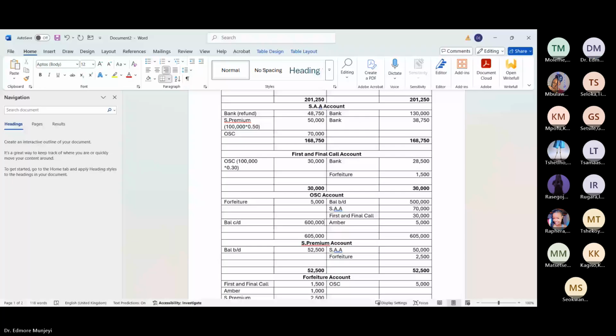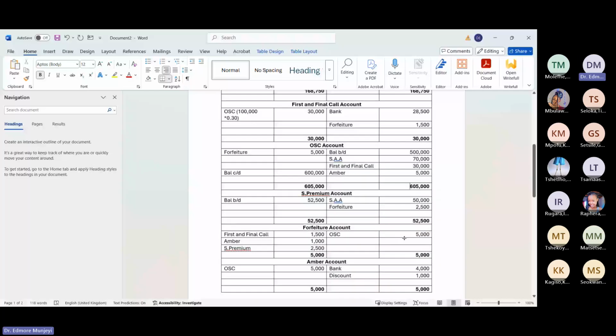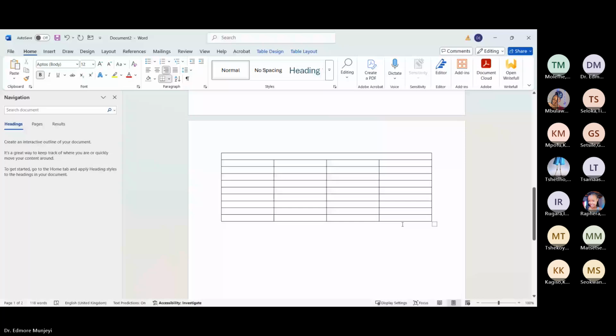Now, statement of financial position extract. We have the bank assets. Our asset is the bank.